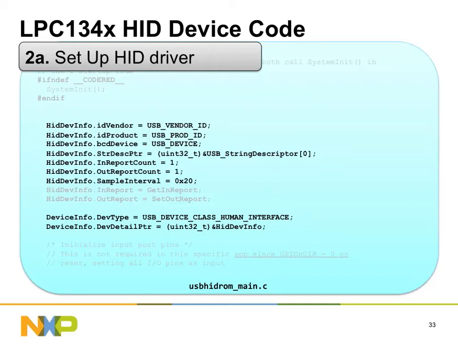All right, this is where you're setting up the device structure. So you're telling it it's a USB. You're telling it what the USB vendor ID, product ID, device type, the string descriptor, and a few other things about it.